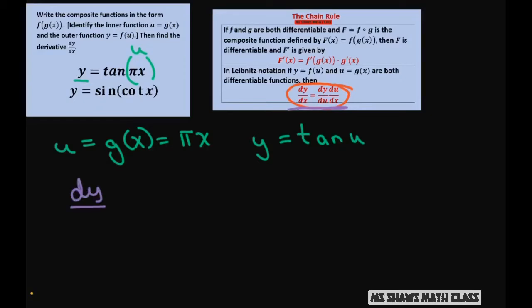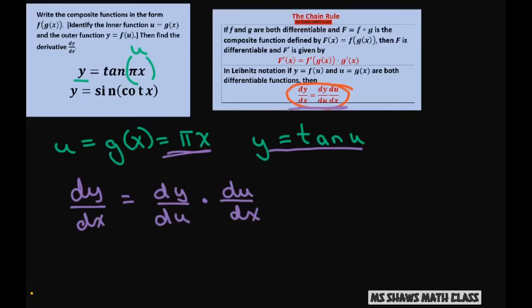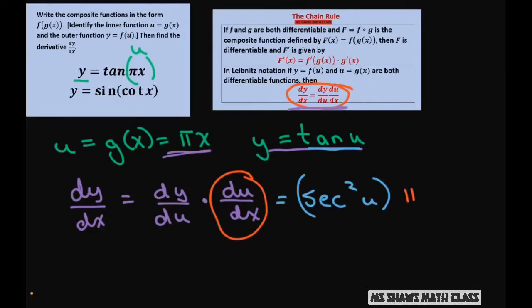We're using this formula here. Derivative of y with respect to x equals derivative of y with respect to u, that's this piece, times the derivative of u with respect to x, and that's going to be that piece. Then you multiply it. The derivative of tan of u is secant squared u times the derivative of u, and that's just going to be pi.